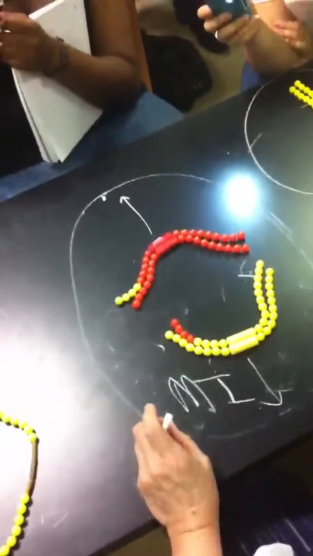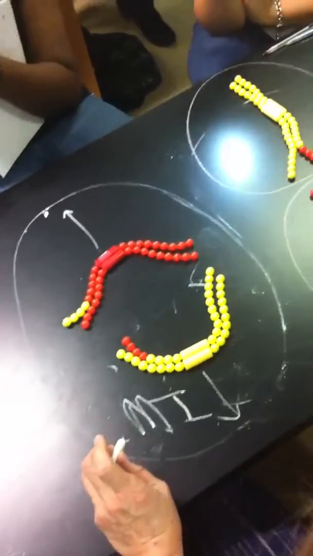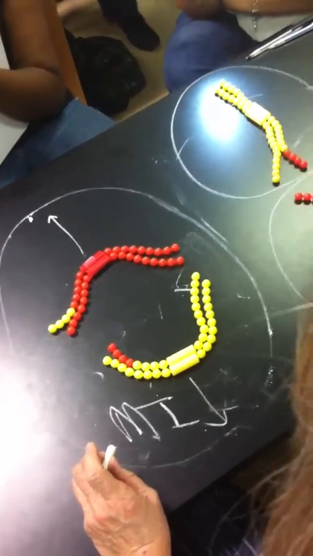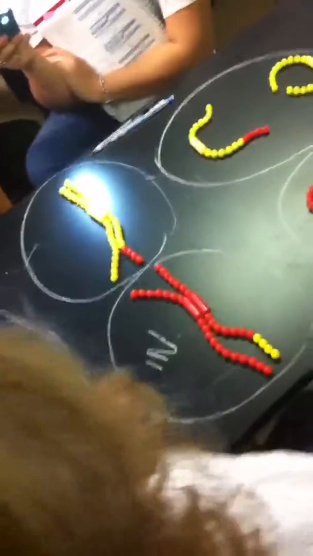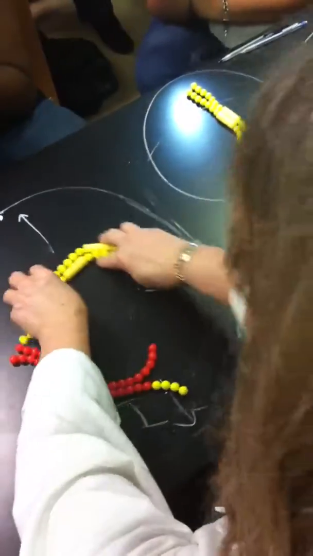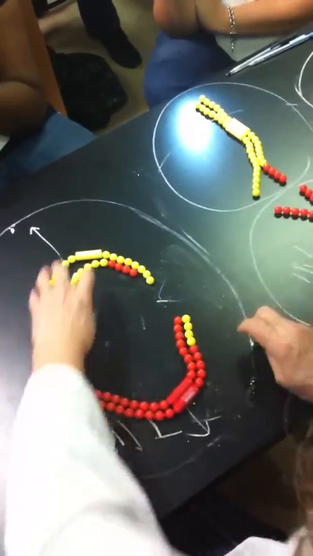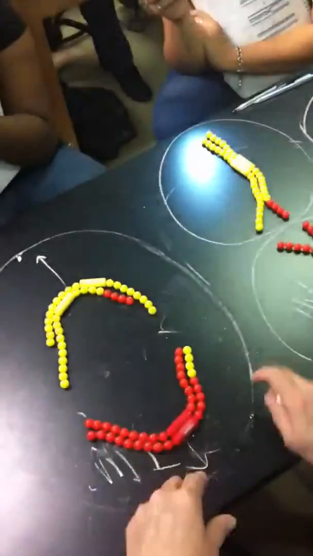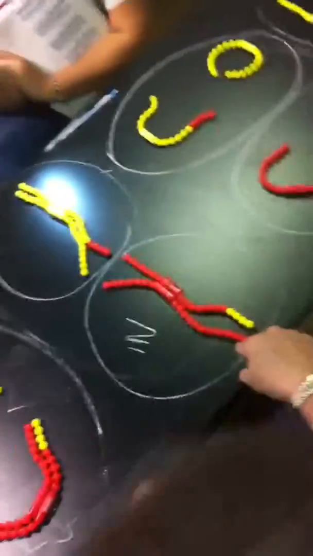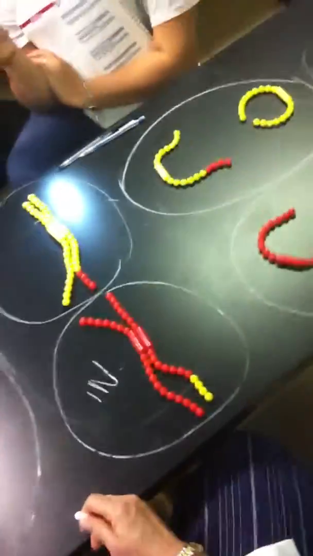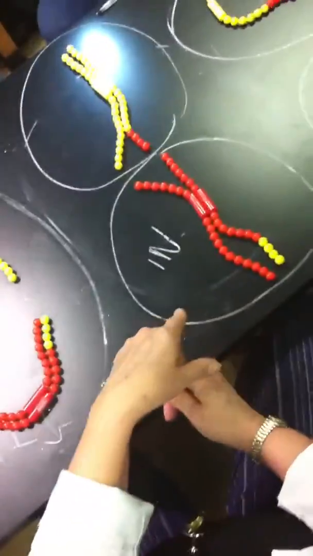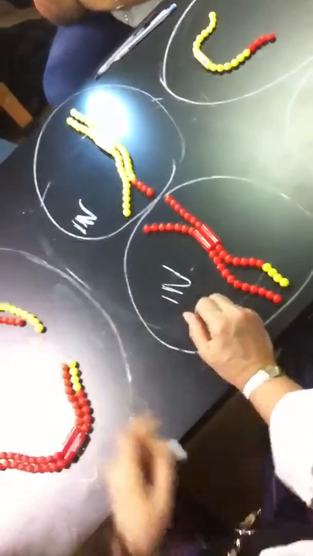Now, once the 2 cells undergo cytokinesis, they're separating this way. Now, this is haploid. We started off with 2 chromosomes, and now we have just 1. So this is 1N right here.